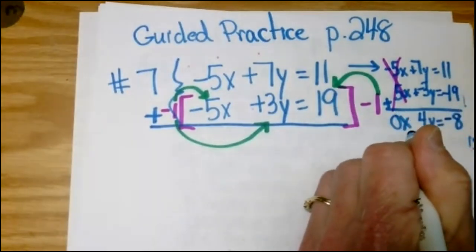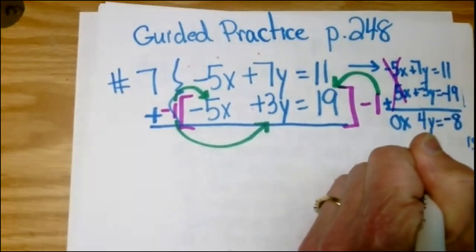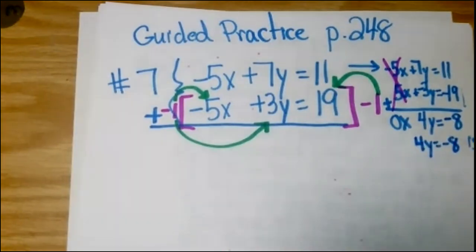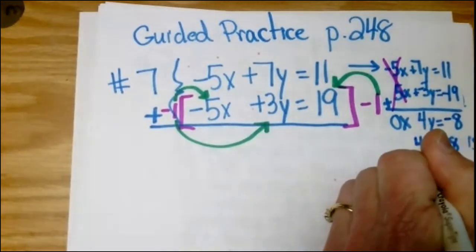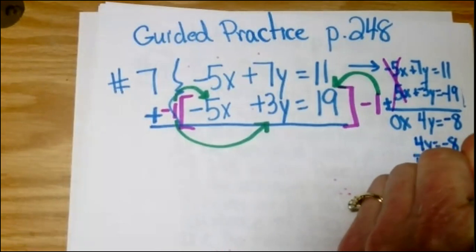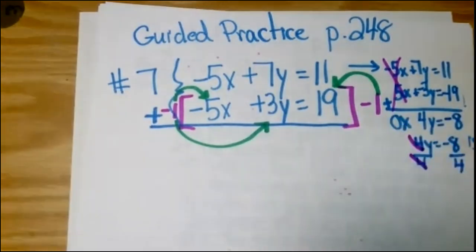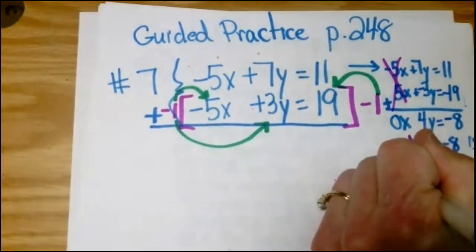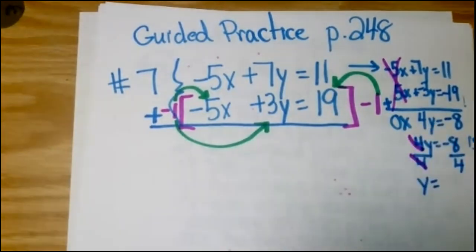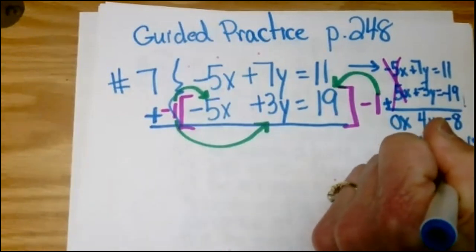We're going to get rid of the 0x and have 4y equals -8. Divide by 4 to both sides. The 4's will cross off, and I'll be left with y equals -8 divided by 4, which is going to give me a -2.